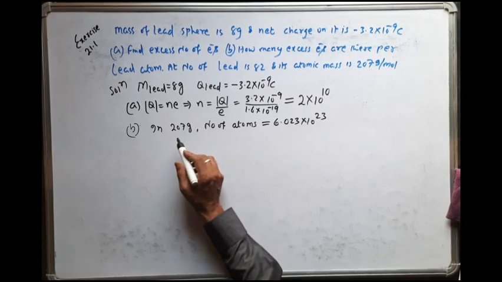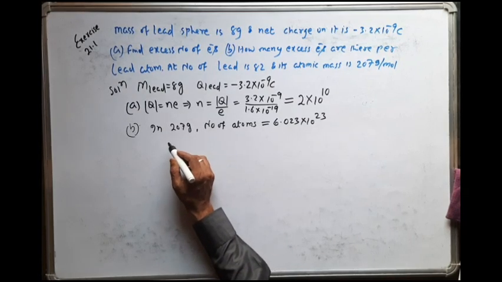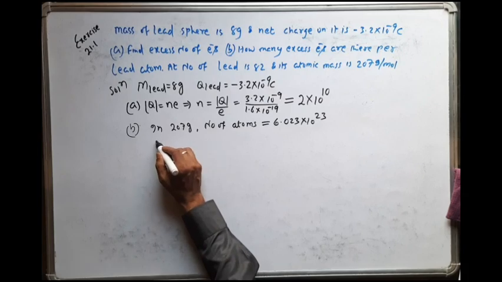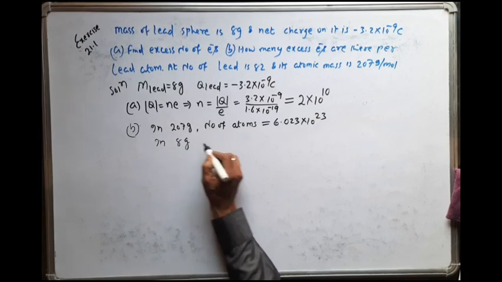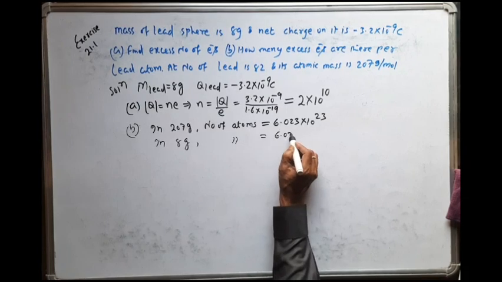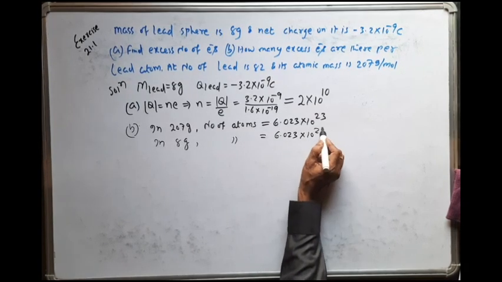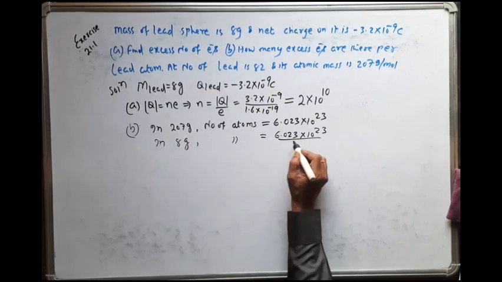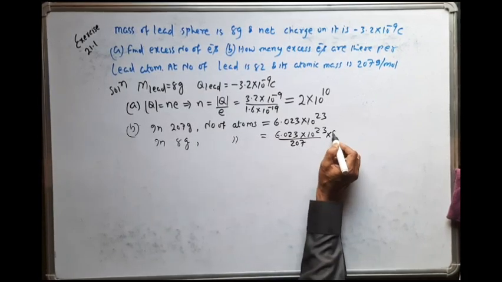So in 8 gram of lead, the number of atoms is equal to 6.023 into 10 to the power 23 divided by 207, into 8.